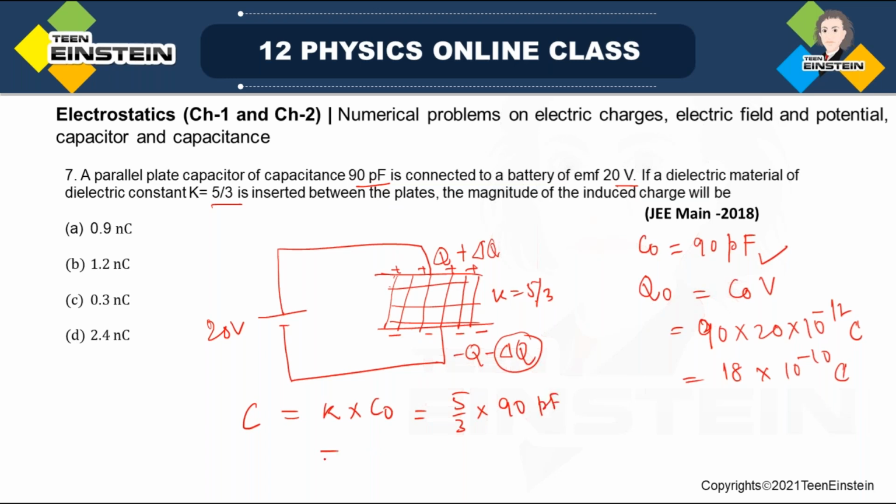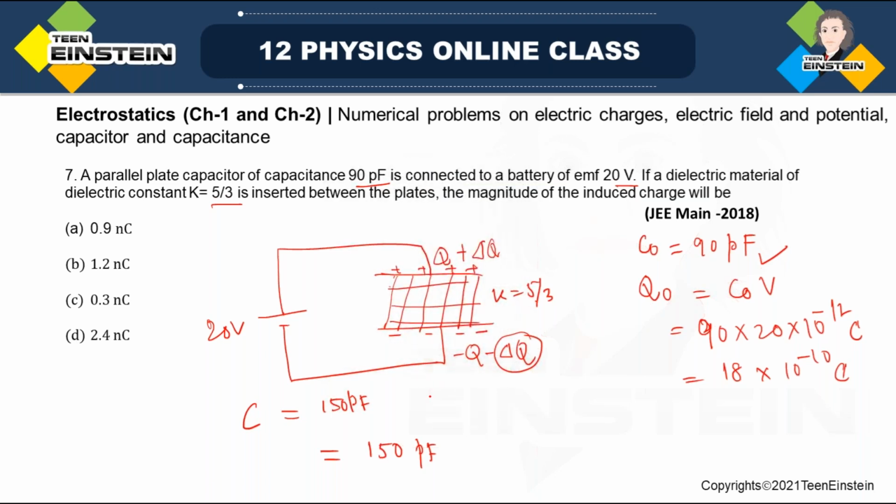So this would give you 150 picofarad. Okay. So what will be the charge then? I'm just directly writing over here. It is 150 picofarad.